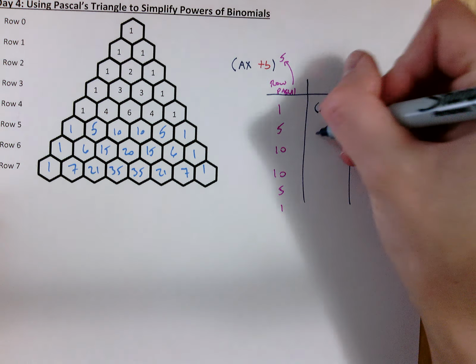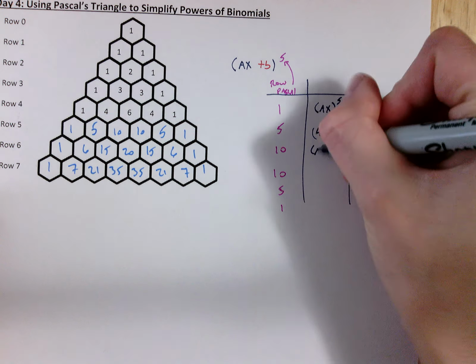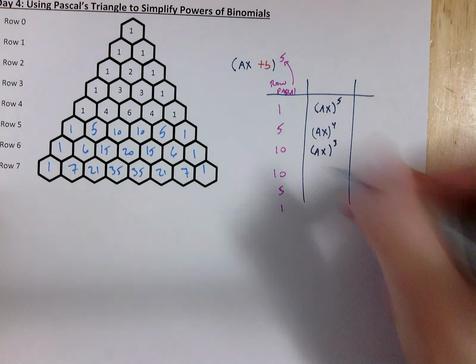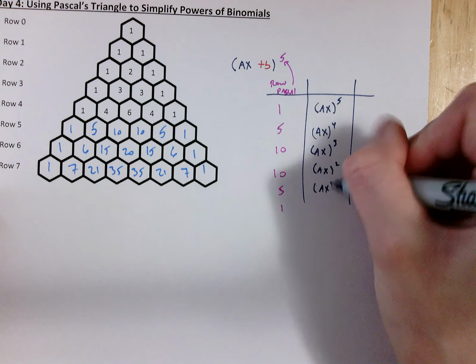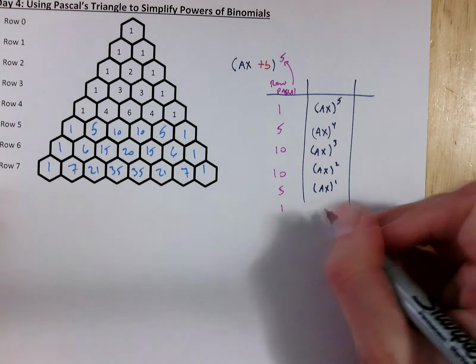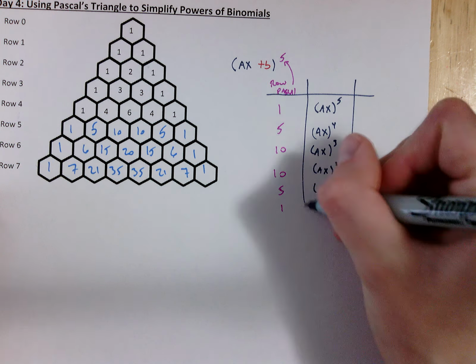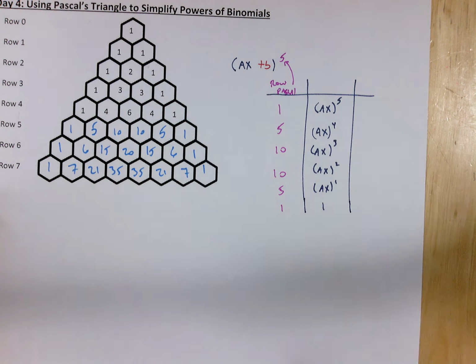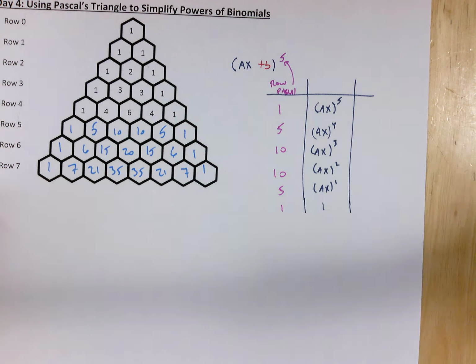For the next one, ax to the 4th power. And then the next one, it'll be ax to the 3rd power, and then ax squared, and then ax to the 1st power, which is just ax. And then the last one would be ax to the 0 power, but anything to the 0 power is 1, right? Okay, so we start with a matching exponent, and then you drop each time.